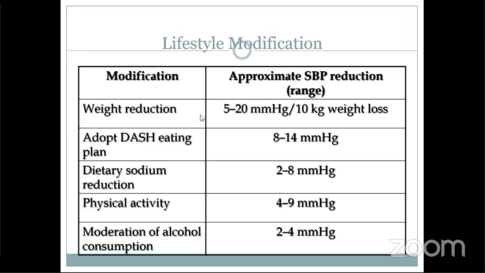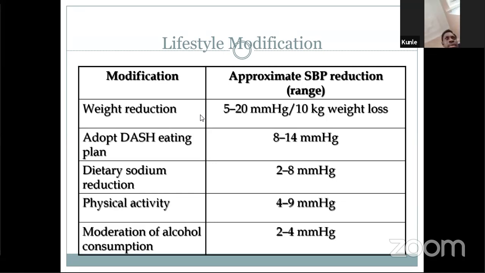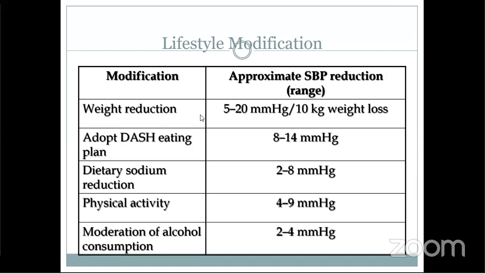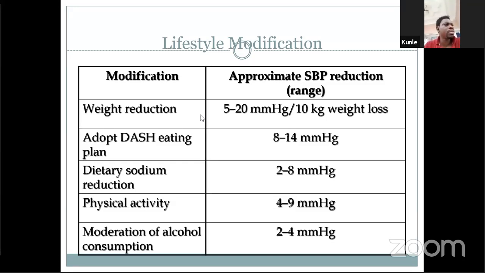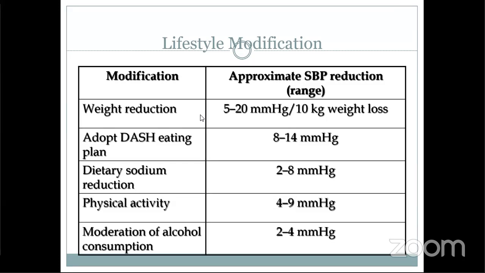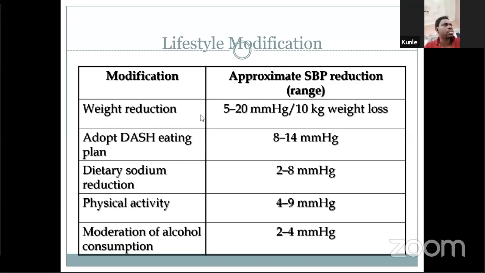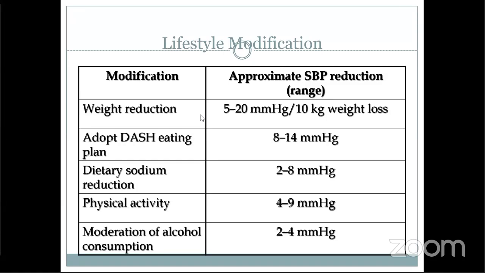So if you can reduce the weight, it is said that when an individual reduces the weight by 10 kg, there is the possibility of controlling the blood pressure by 5 to 20 millimeters of mercury.